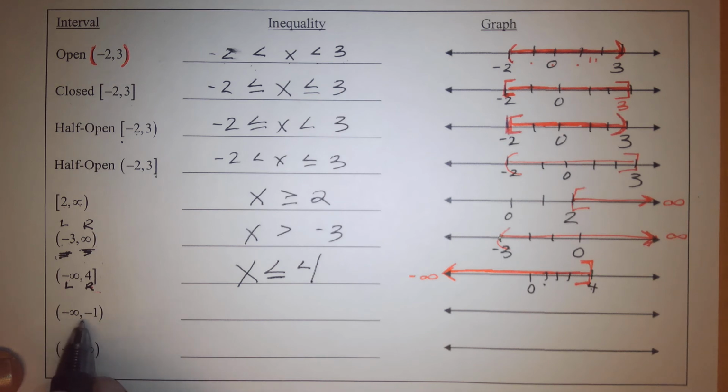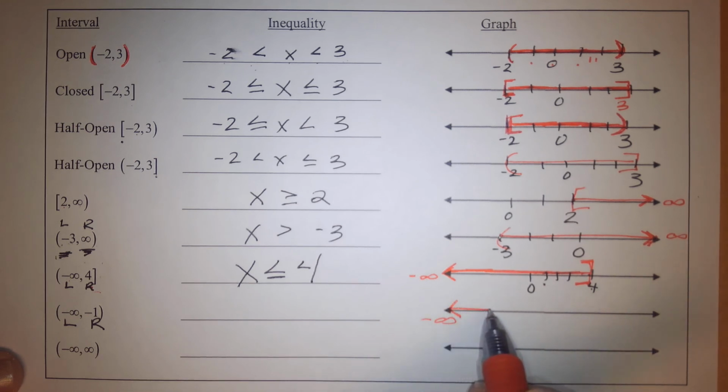The next problem says x could be any solution in between -infinity and -1. So this is the left bound, this is the right bound. We start at -infinity, and then our solution will go all the way until we get to -1.